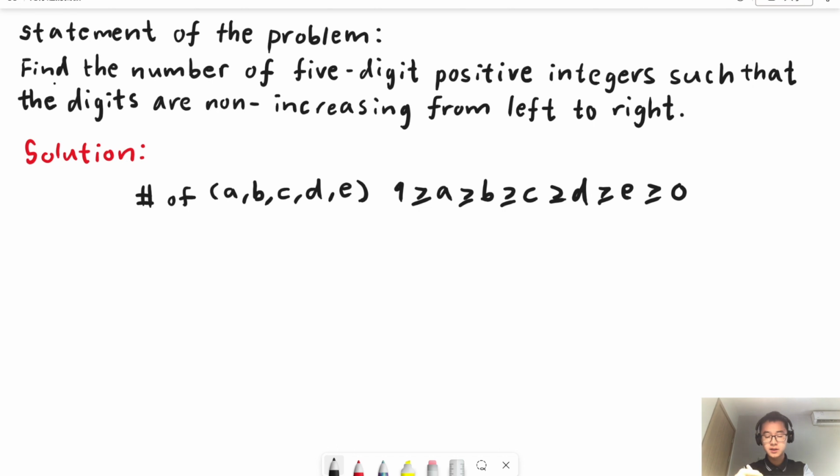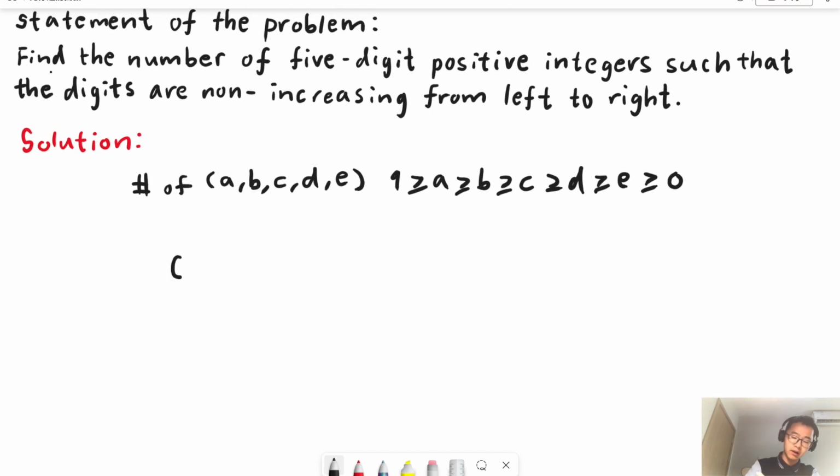But if A, B, C, D, E was not distinct, then we would have to do subcases based on which digits are not distinct, and if they're not distinct, how many times and where they appear. In general, it's just troublesome. So it would be much more convenient if we could find a way to solve the problem of these 5 digits not being distinct. Actually, there is a way to solve the problem, and I'll demonstrate.